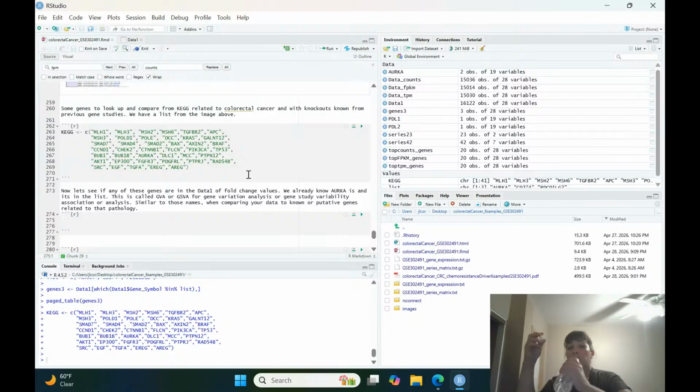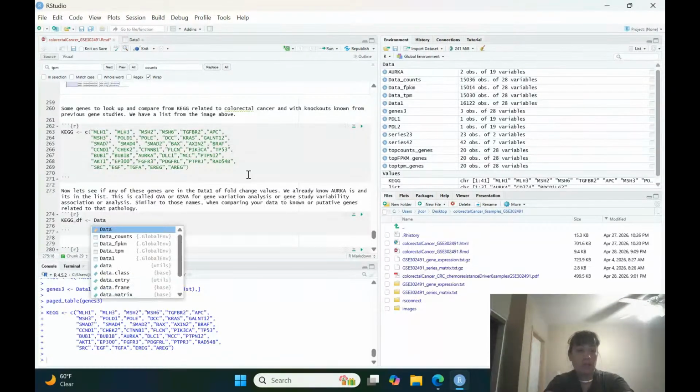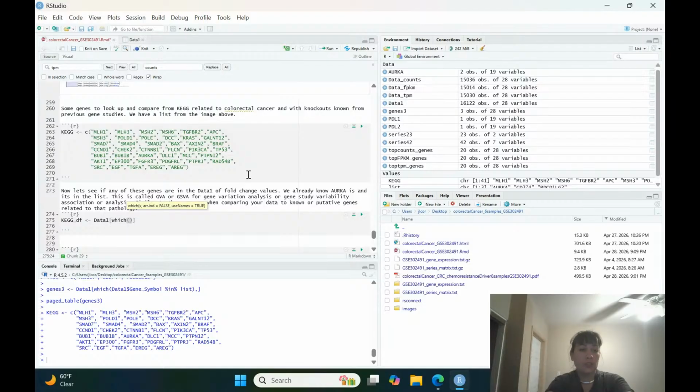All right, so we'll call this KEGG_DF for data frame. Data 1, where data 1 gene symbol is in KEGG. Then we'll see if there's anything there.